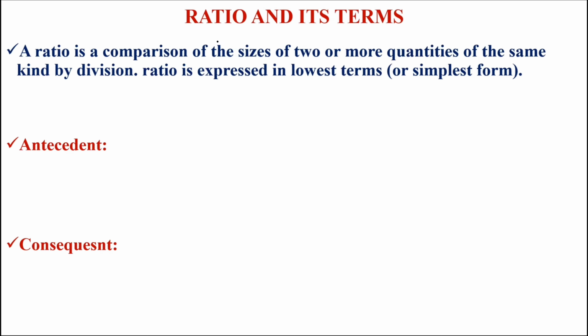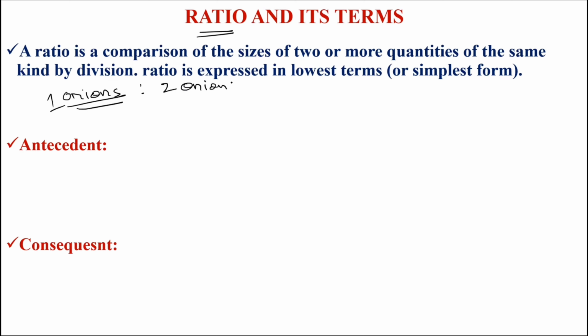First, what is ratio? Comparison of two similar quantities is called a ratio. For example, we can compare the price of onions in one market with the price of onions in another market.